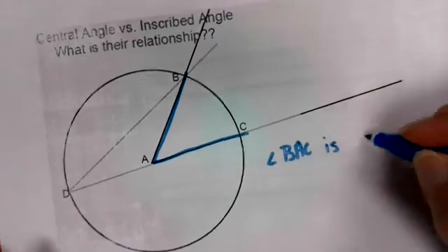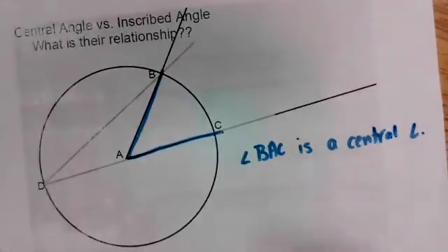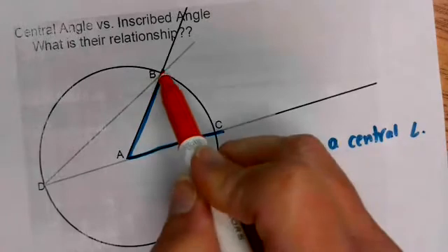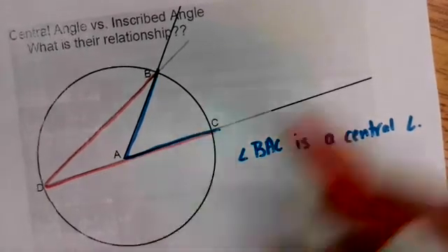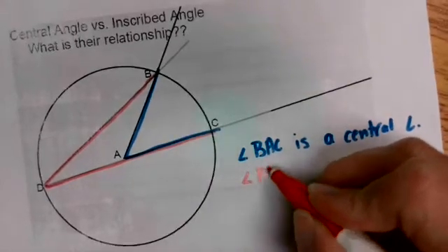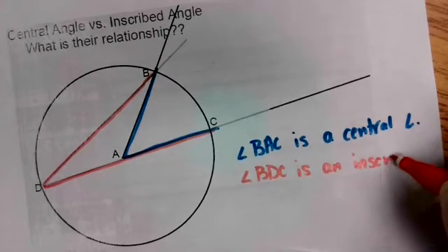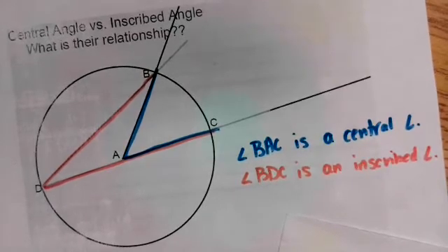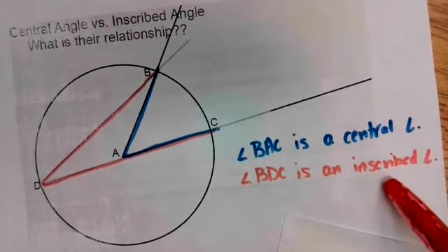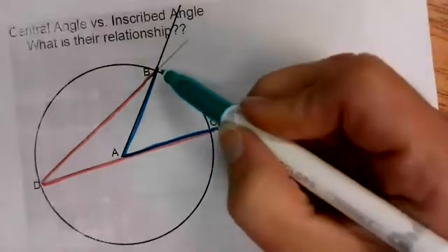And then I have an inscribed angle, which is angle BDC. Angle BDC is an inscribed angle. Both of these angles, on purpose, intercept the same arc. So both of these intercept arc BC.